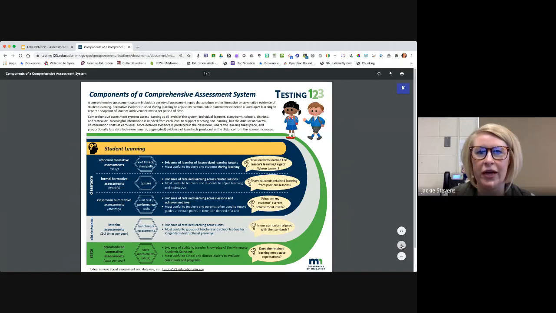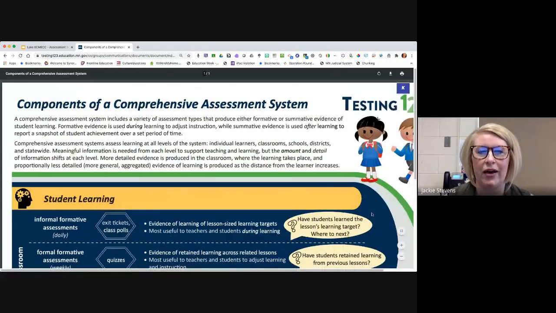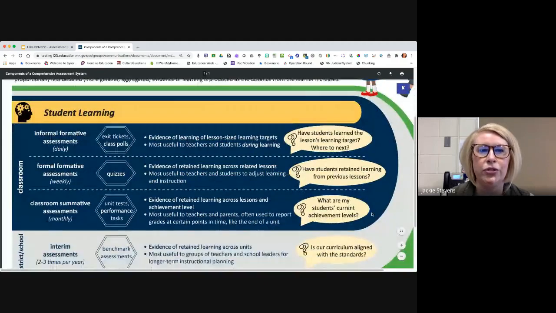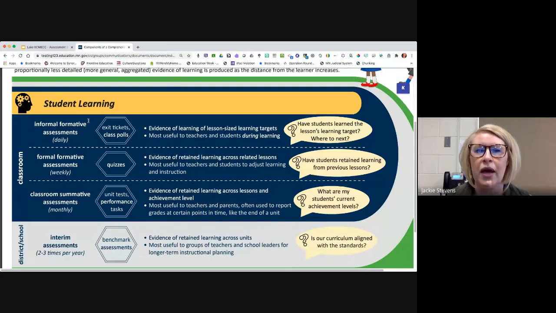But if we look at this, it talks about all the different types of assessments we have in our classes. So it talks about the informal formative assessments that are done daily in the form of exit tickets or class polls. It provides evidence of learning of the lesson size learning target, and it helps us answer the questions, have students learned the lesson's learning target and where to next?